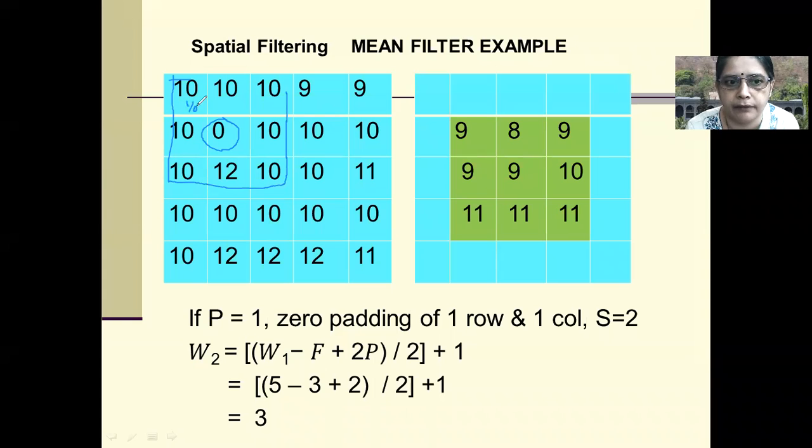So we can apply a filter with all weight values as 1 by 9. And so we apply this two-dimensional convolution, and this is your resultant value, right?